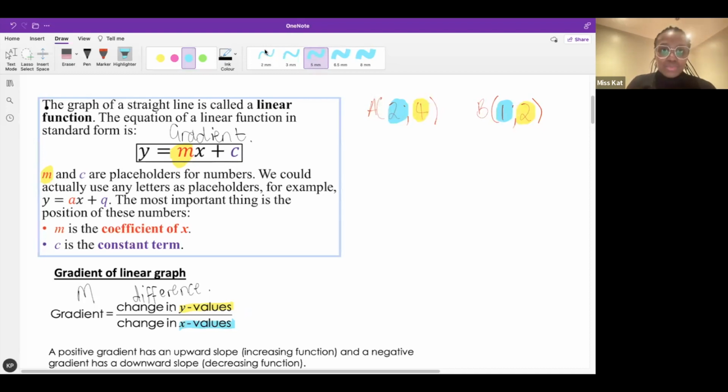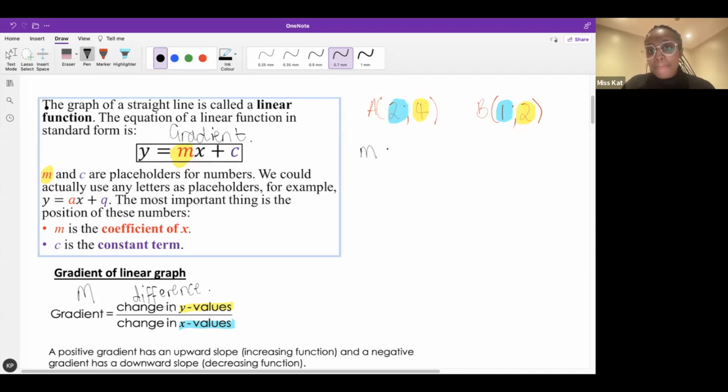Now tell me, guys, remind me, which operation is difference? If I say you're finding the difference of something, which operation would you use in mathematics? Yes, thank you, Kwezi. So that means we are going to subtract the y coordinates and then divide it by the difference of the x coordinates. Okay, so now I'm going to first write it in notation form to tell you what I am doing.